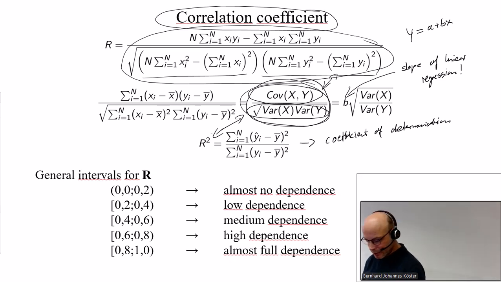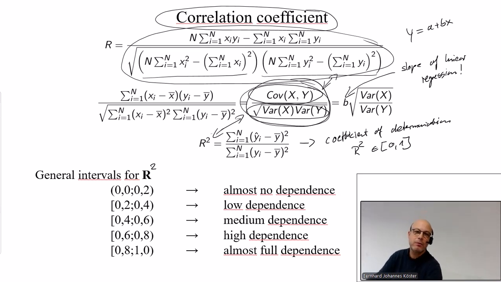Here a square is missing. Then we have r square, which is an element only within 0 and 1, not from -1 to +1.